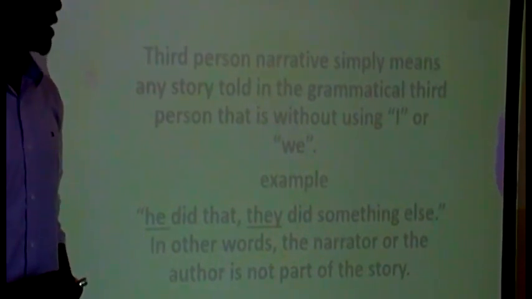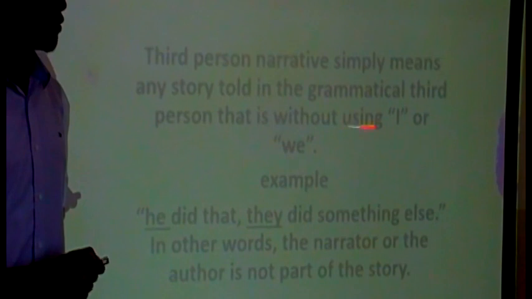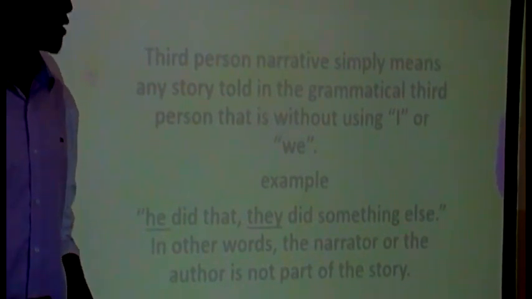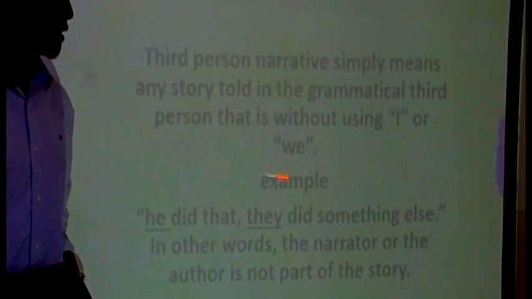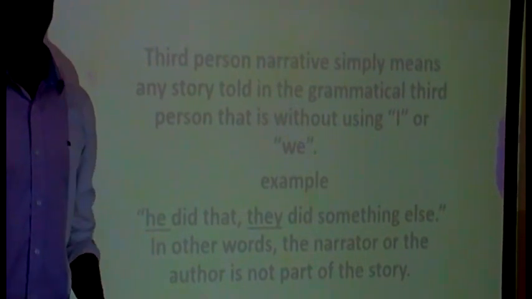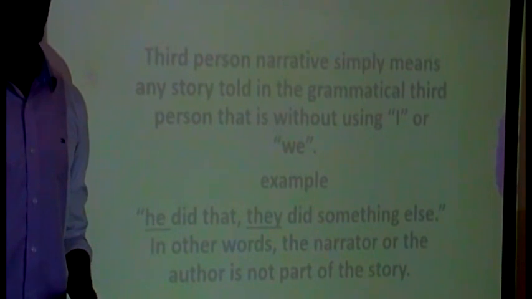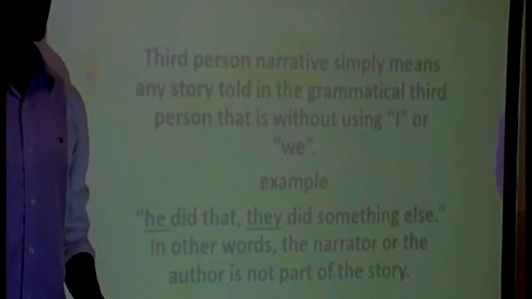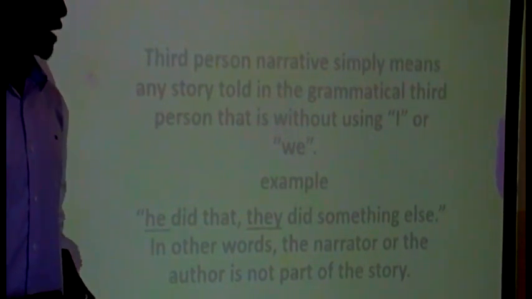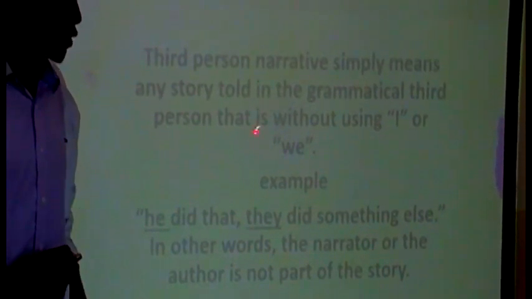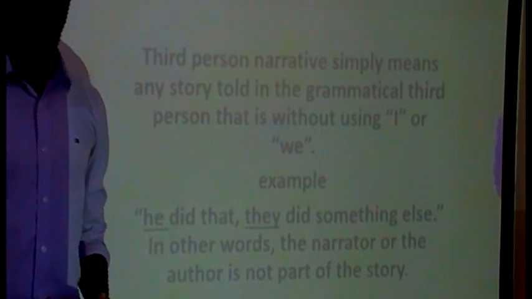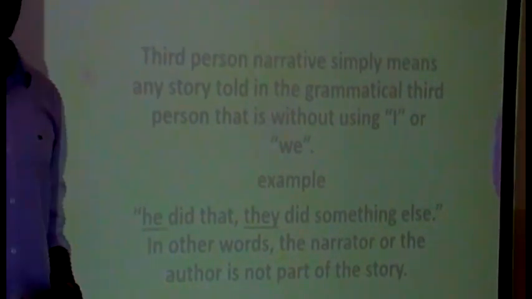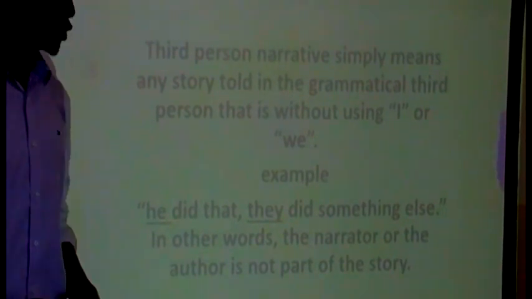The moment you use the word I, it means you were part of the story, and the moment you use the word we, it means you are involved in the story that is being told. For example, we played football. We simply means you were part of the team that was playing football.